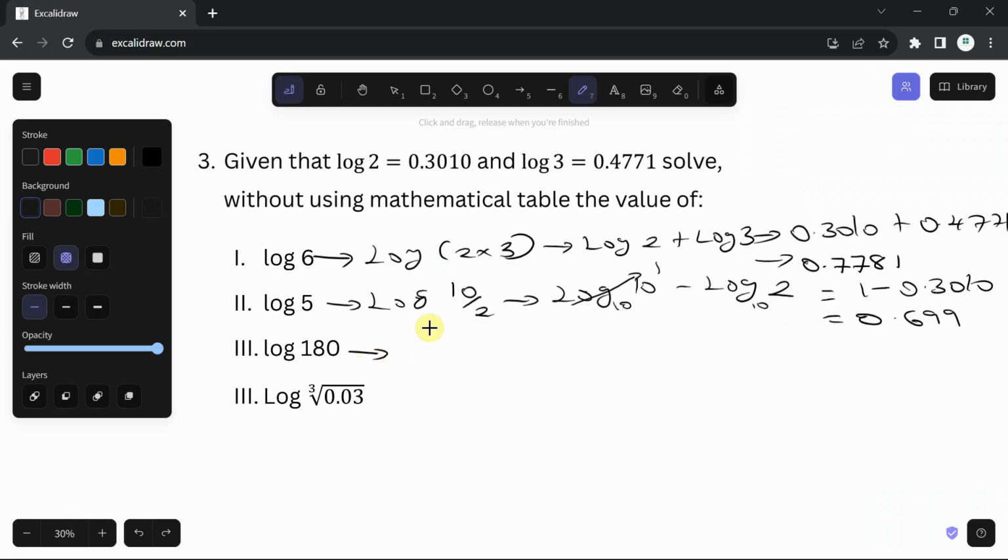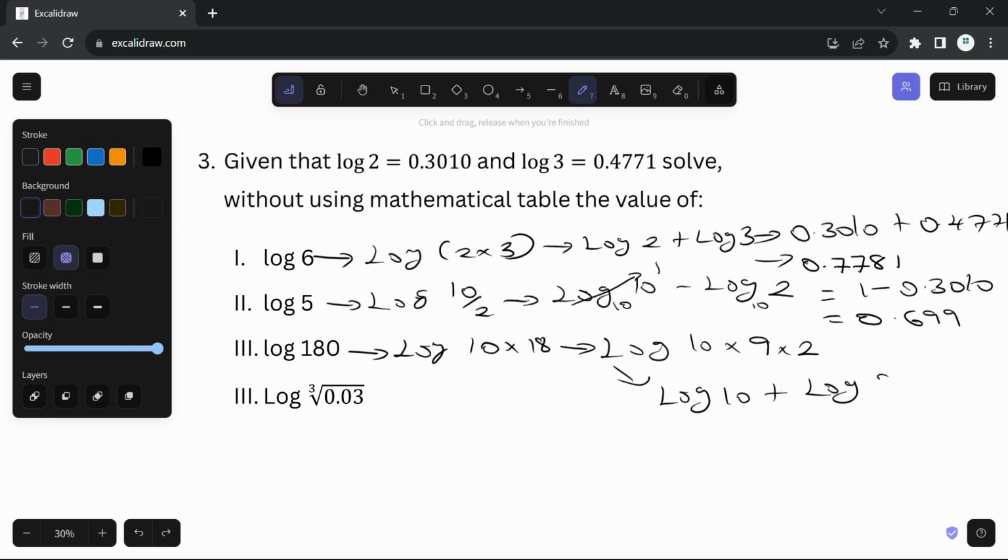So for this log 180, we have log 2 and log 3. So what can we break apart in this log 180? So what if I say log 10 times 18? We could break it apart and say log 10 times 9 times 2, right? So if we have all of this separate, we could say this is log 10 plus log 9 plus log 2.